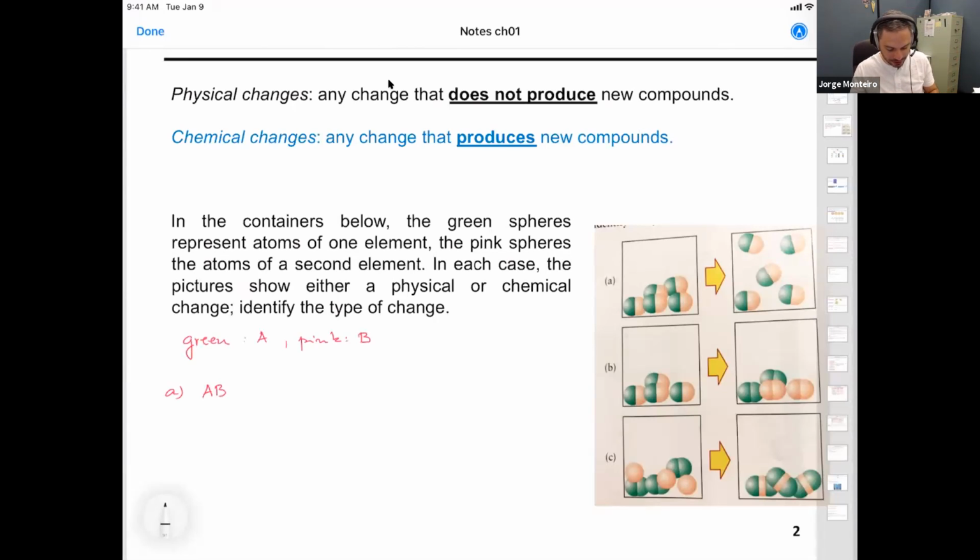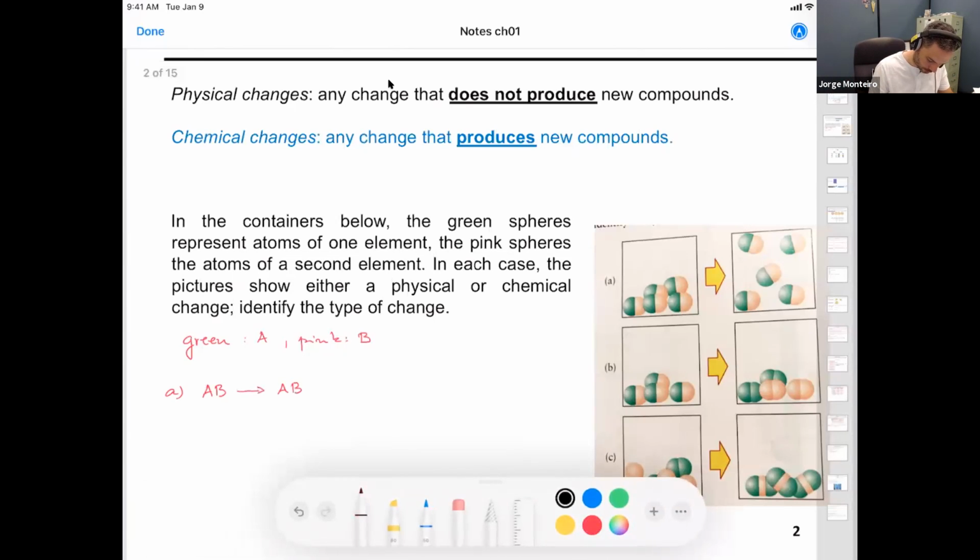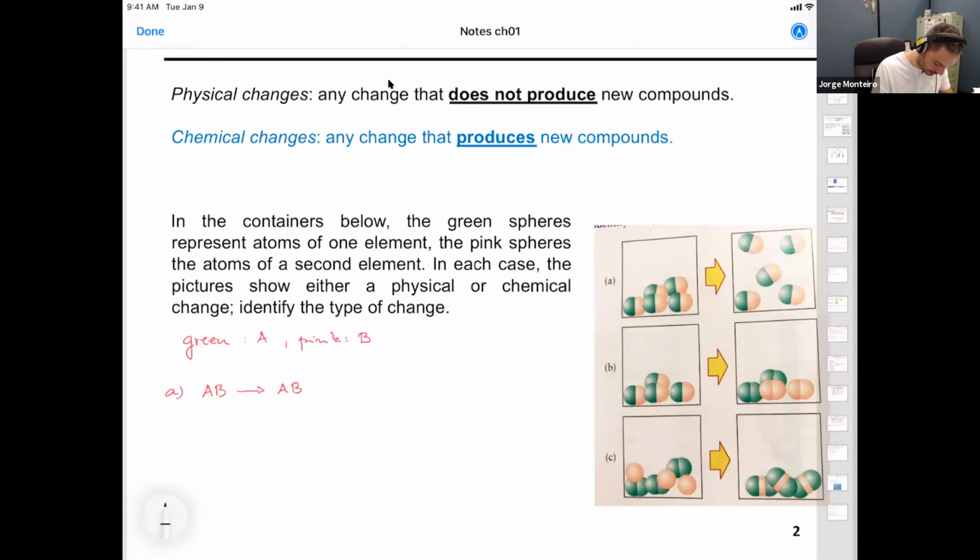And after the arrow, so after the transformation, we still have A bonded to B. So let's represent the product as still A bonded to B. Looking the start and the end, you have exactly the same compound. No new compounds were produced. Therefore, you are right. This is a physical transformation. Okay.